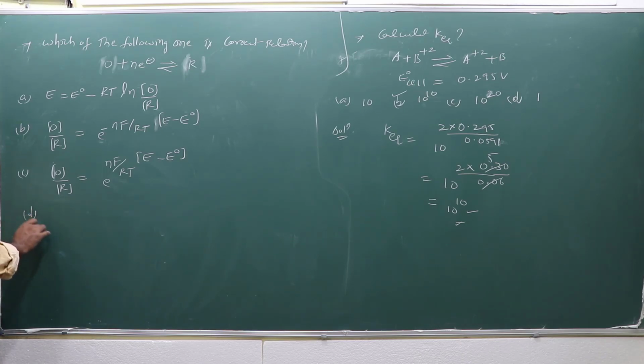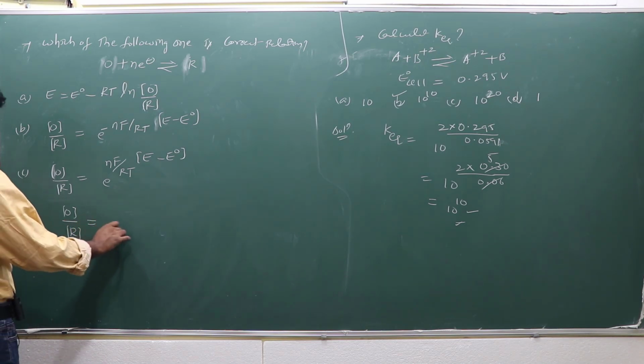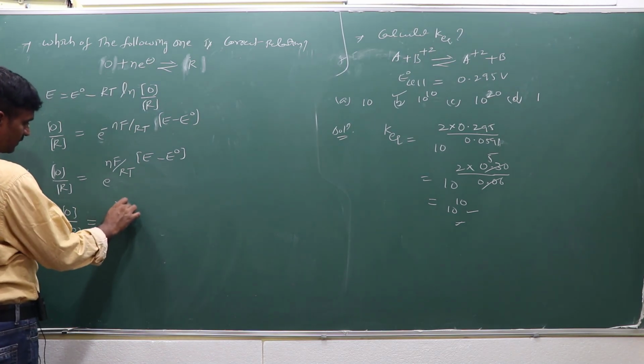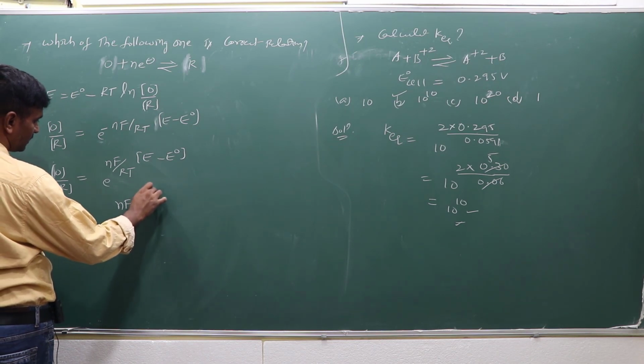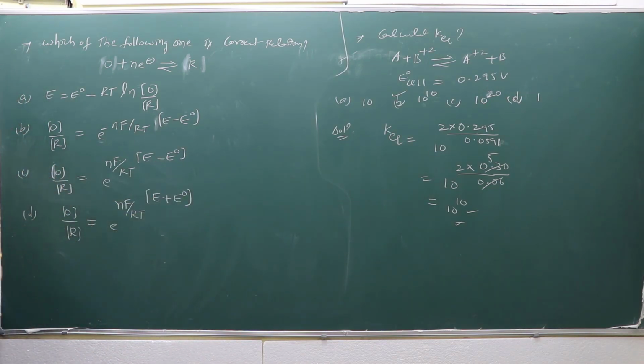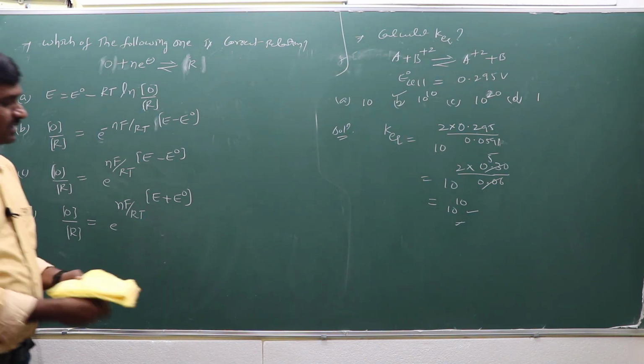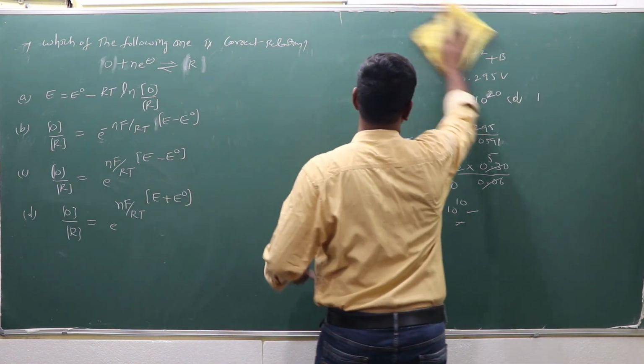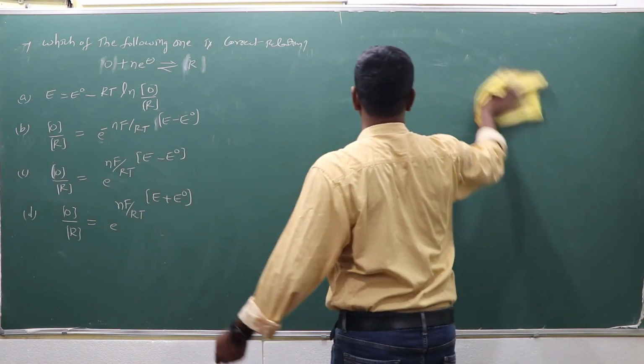Option D is nF by RT into E plus E naught. Which one is the correct relation? That is the question, from the Nernst equation's point of view.